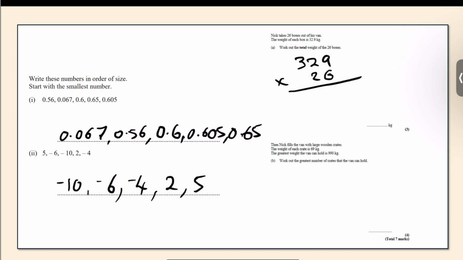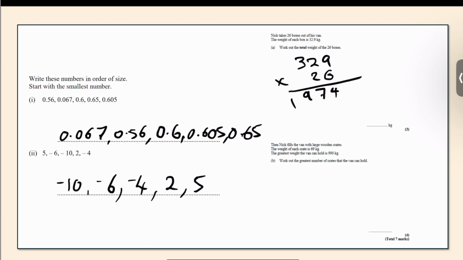Okay, so now I'm going to carry out the multiplication. So 9 times by 6 is going to be 54. 2 times 6 is 12, plus that 5 is 17, carry 1 across. 6 plus 3 times 6 is 18, add that 1 is 19. Just get rid of those little numbers so they don't get in my way.